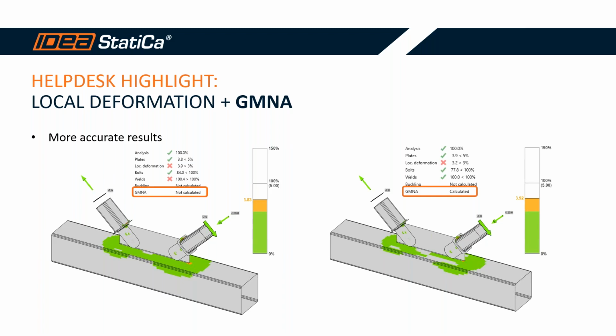In this HelpDesk highlight example, we can see the impact of this geometrical analysis on local deformation to the strains of the plates, which goes hand in hand with the distribution of the loading in the detail. So please remember, if you have hollow cross sections, don't forget to make this geometrical nonlinear analysis.